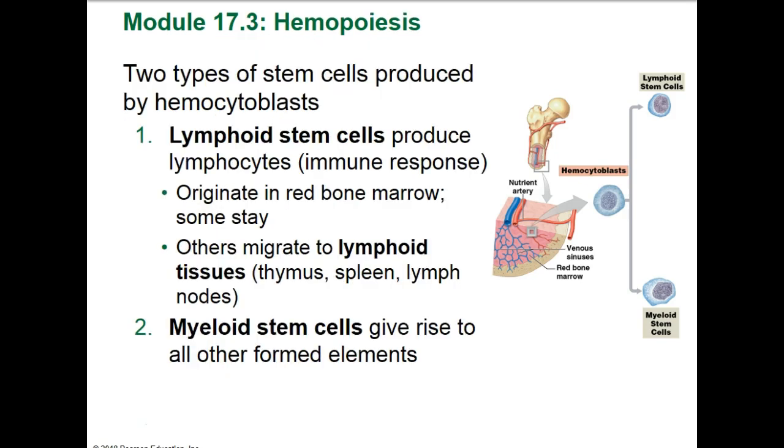So let's start with the lymphoid stem cells and the lymphocytes. They are involved in immune response, and they originate in red bone marrow. Some stay the same. Some of the others migrate to the lymphoid tissues, like the thymus and the spleen and the lymph nodes.